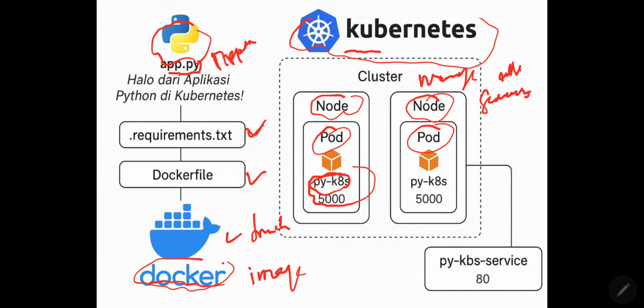If you have users, if you have customers, your customers can visit this table and then they can eat food from your restaurant. I think it is easy for you to understand the concept of how Kubernetes works and how Docker works. It is very simple for you to understand.